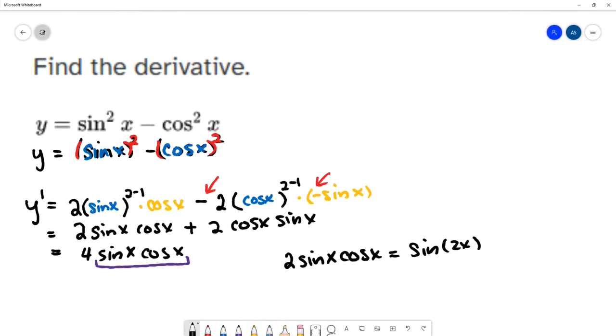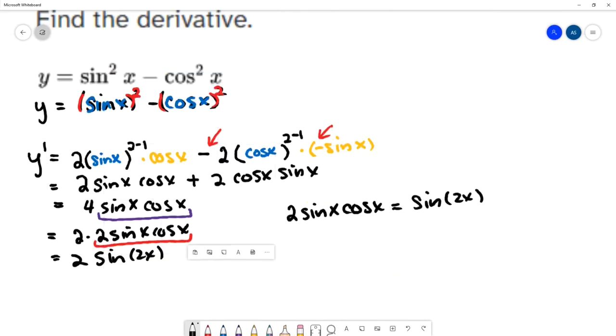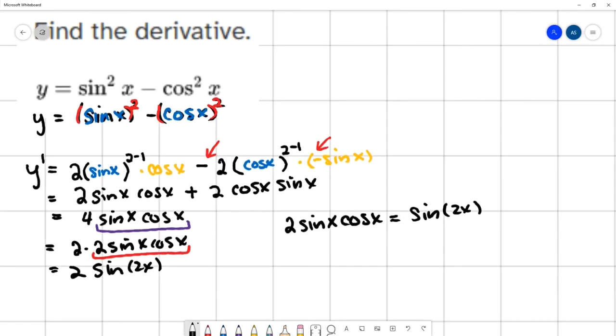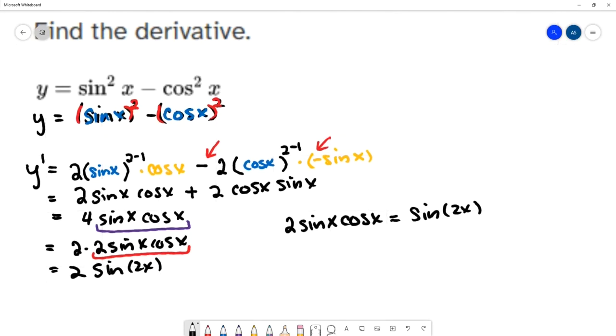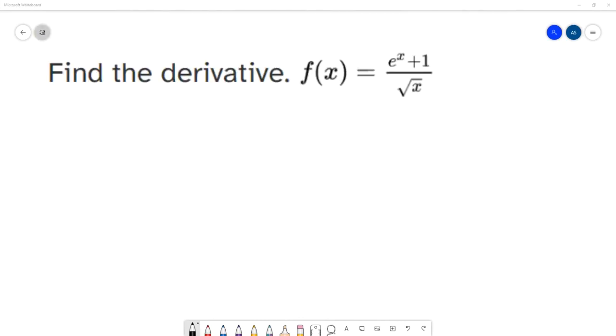So using the double angle identity, you can write this as 2 times 2 sine x cosine x, and this part right here would become sine of 2x. So we found the derivative of sine squared x minus cosine squared x to be 2 times 2 sine 2x. Excuse me, I think I misspoke there. The derivative is 2 sine of 2x.